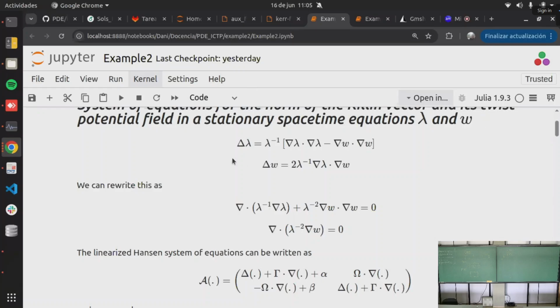But the idea is always the same: compute the residual at step n, and to know the correction for step n plus 1, we have to solve a linear system with the Jacobian of the system.